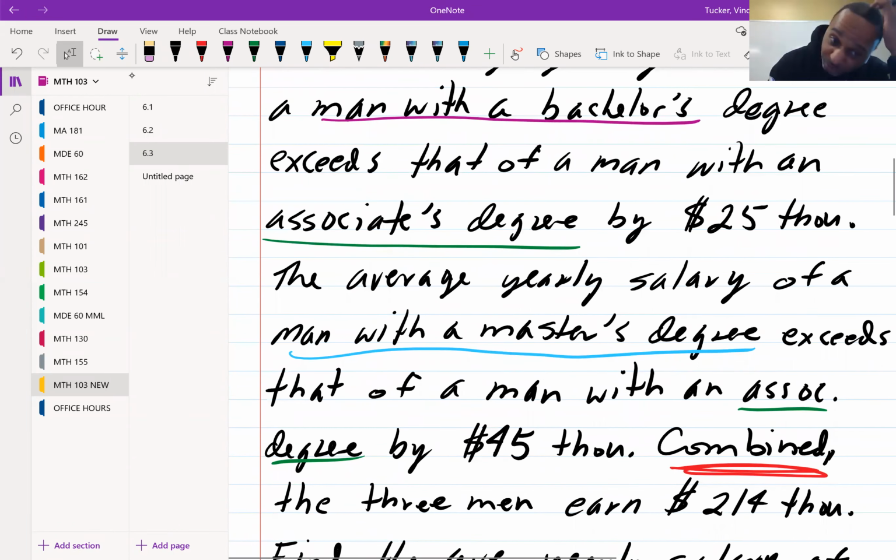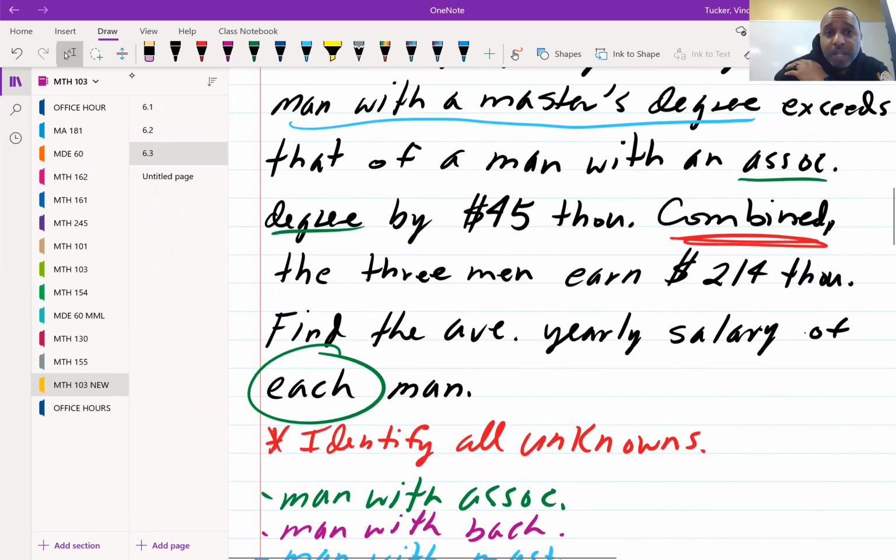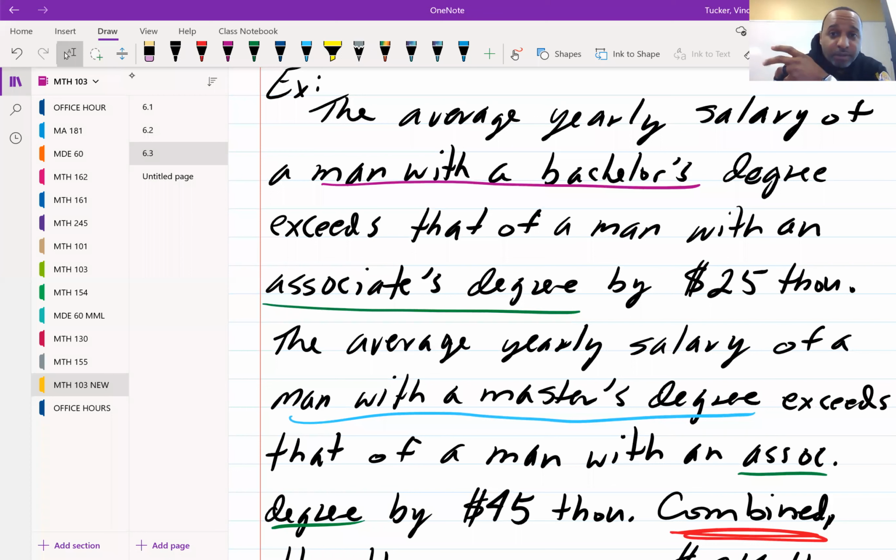The first step you want to do is identify all of your unknowns. I tried to color code it as well. If you go back to the wording, first sentence, we have the average yearly salary of a man with a bachelor's that exceeds that of a man with an associate's. So we have two people right there.